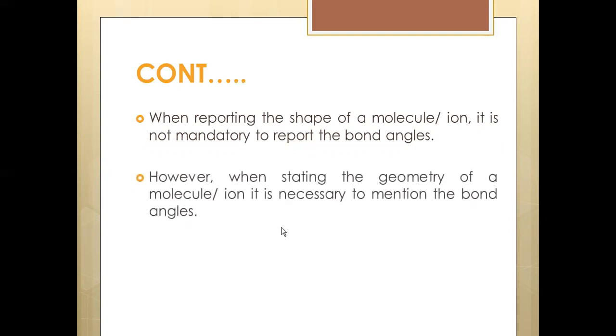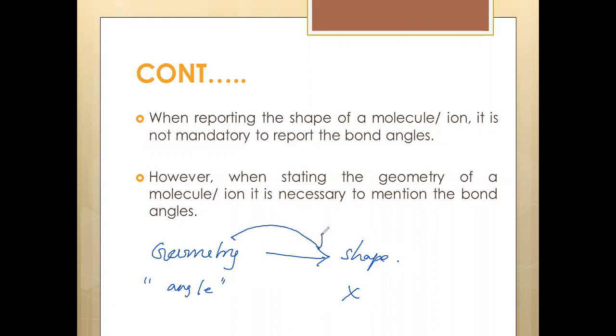However, when stating the geometry of the molecule or ion, it is necessary to mention the bond angle. So one is geometry and one is shape. When you speak of geometry, you have to mention the angle, but for the shape it is not necessary. How the geometry differs from the shape, we will study later, one by one.